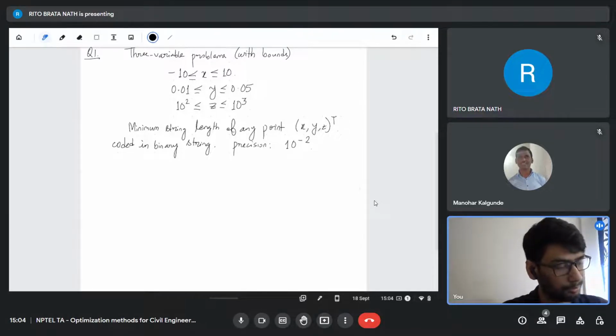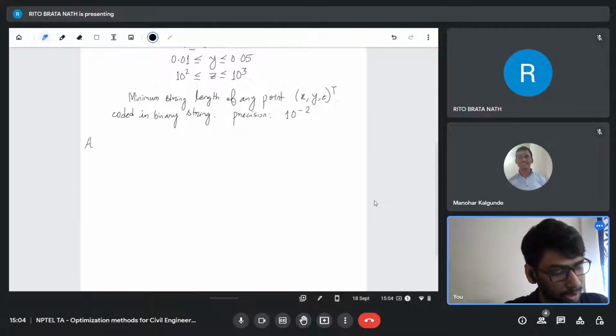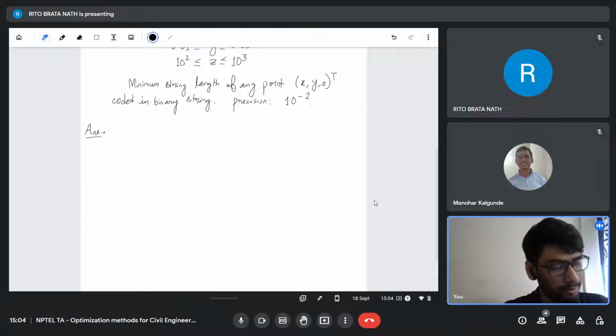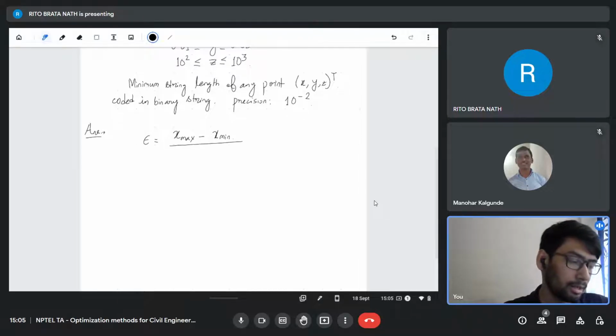This is a pretty simple problem where you have the expression for the precision. If I denote it by epsilon, you know that it is x max minus x min, divided by 2 to the power L minus 1.